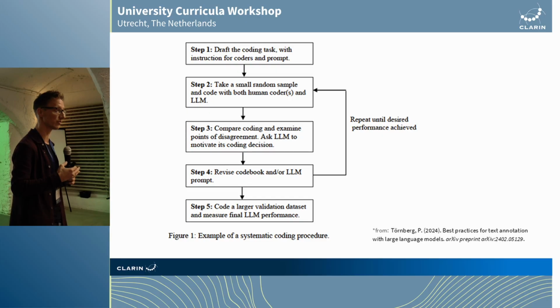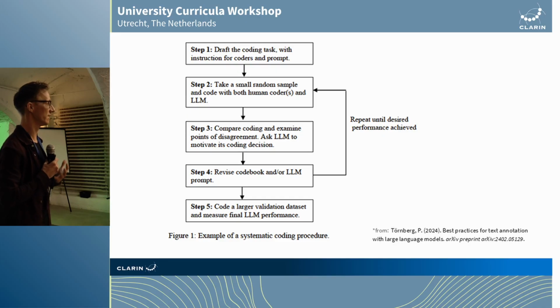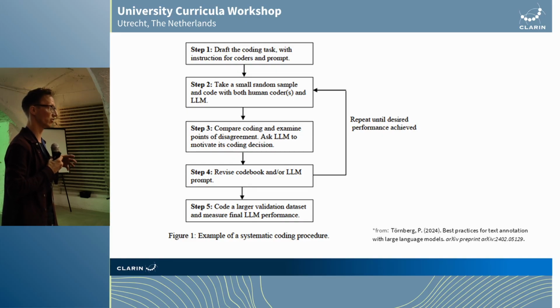So they have their corpus, they annotate it, preferably also with a second human, and have some validated data. And then they start their prompting, where they can draw upon their annotated data as a couple of examples in the prompts. But then the outcome of the prompts, they again have to compare to the annotations that they as humans already have, to see whether the LLM and the human annotation, the human interpretation, align.